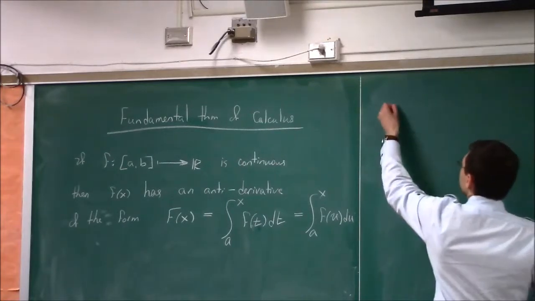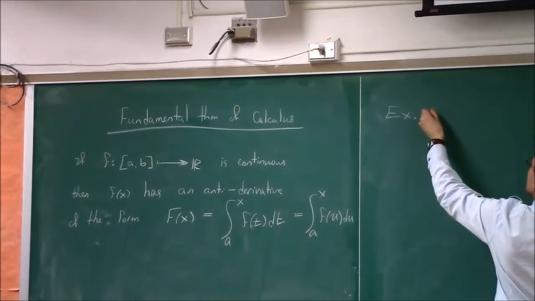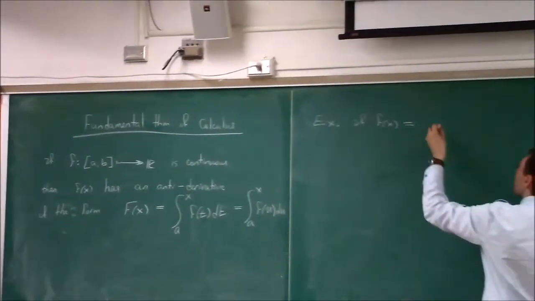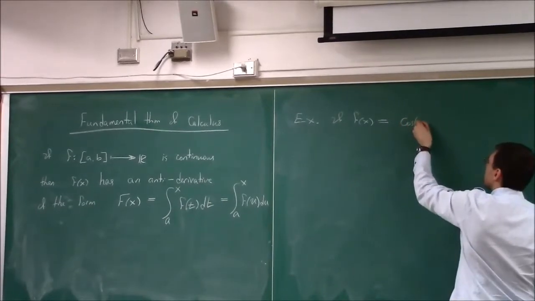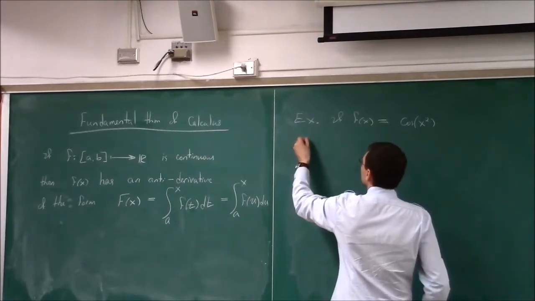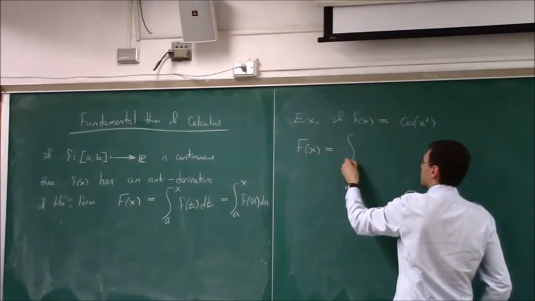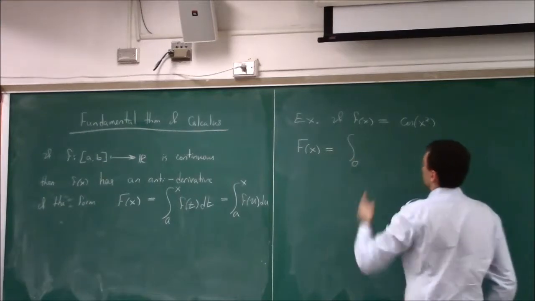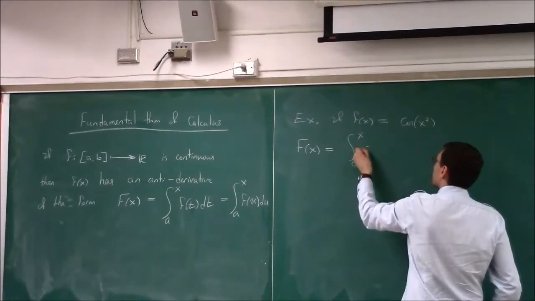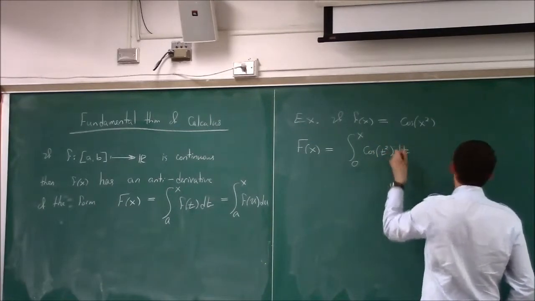So for example, if little f of x is equal to cosine of x squared, capital F of x will then be written as, for example, the integral from, you can select this number to be any number in the domain of cosine x squared, so it could be 0 to x of cosine of t squared dt.